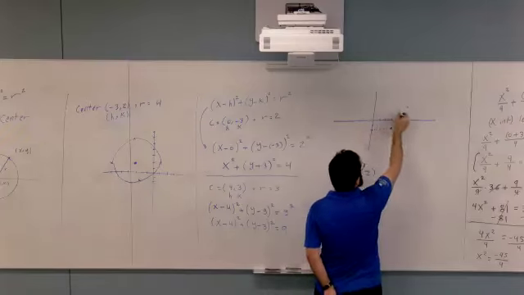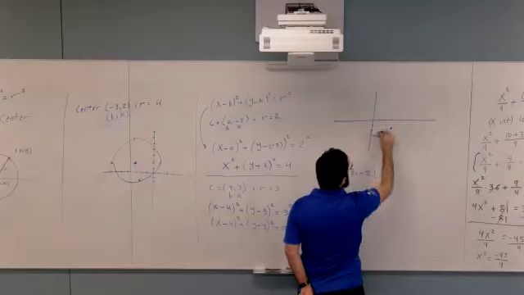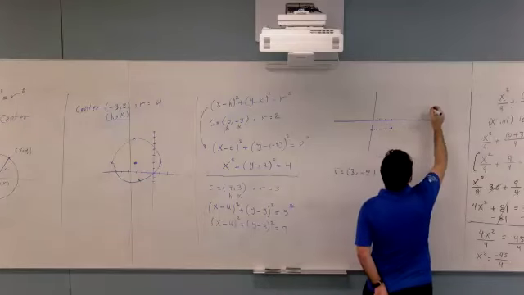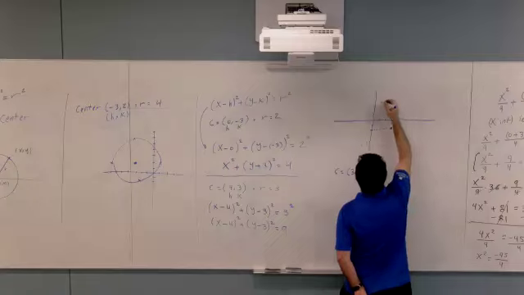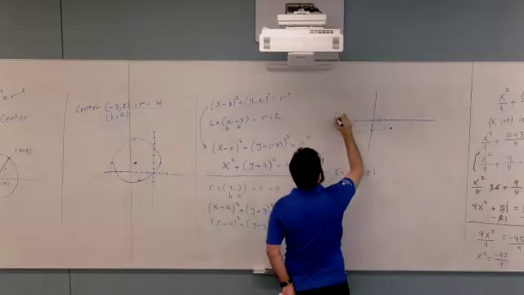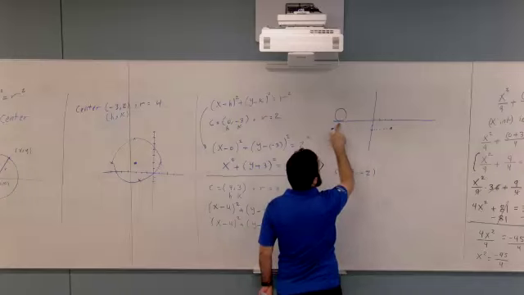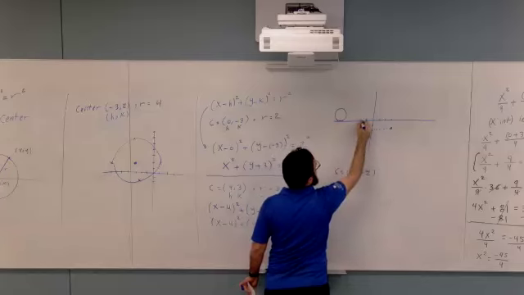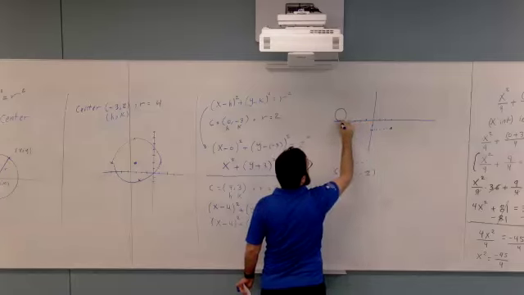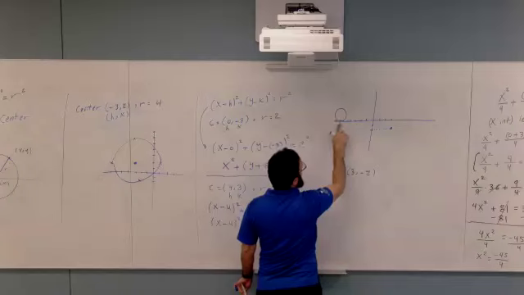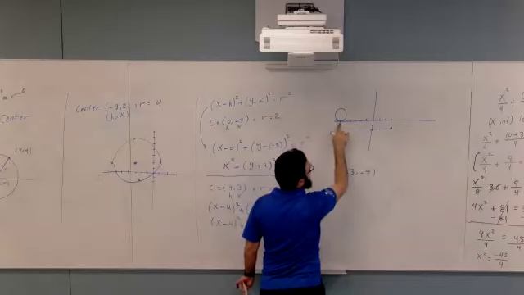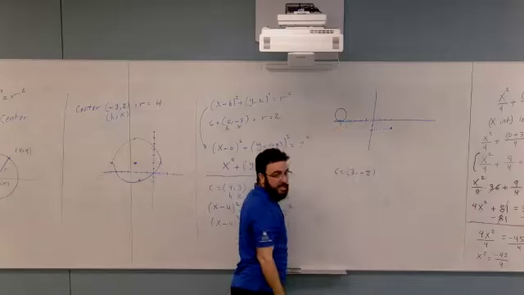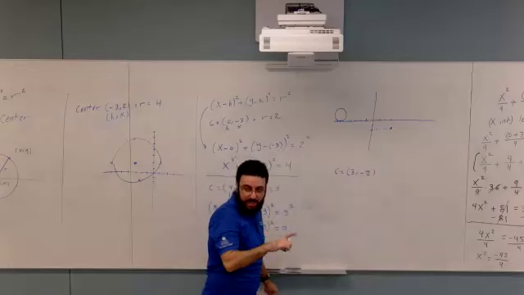When you graph the circle here, the circle touches the axis. This is the touching point. This circle touches the x-axis, let's say 1, 2, 3, 4, 5, 6, 7, at the point 7. Okay? Touch the graph.